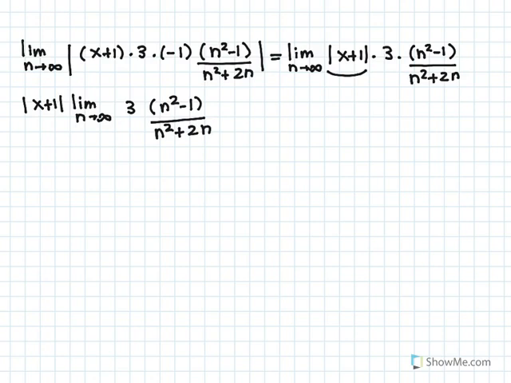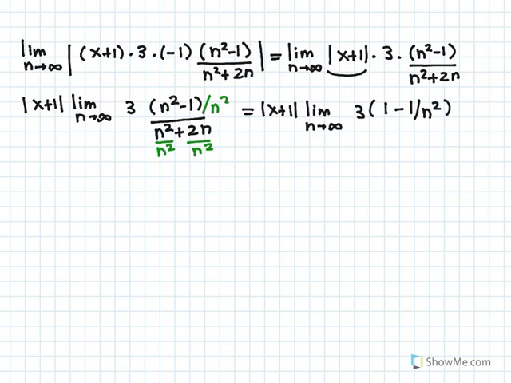So now, to evaluate this limit, let's divide by the highest power in the denominator, n squared, and divide the numerator also by n squared. Simplifying this, we get the absolute value of x plus 1 times the limit as n approaches infinity of 3 times 1 minus 1 over n squared, divided by 1 plus 2 over n.